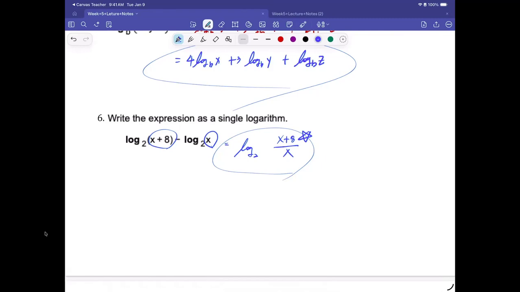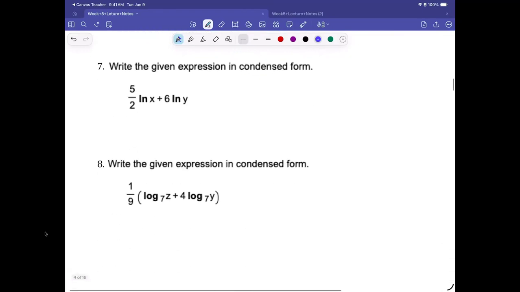Any other question on the front page? All right, so flip over.